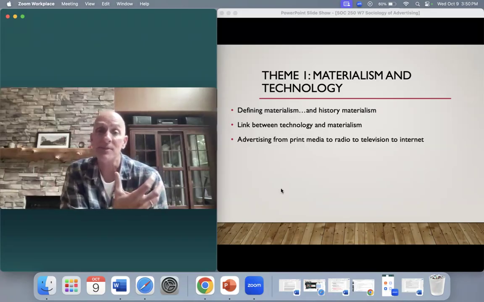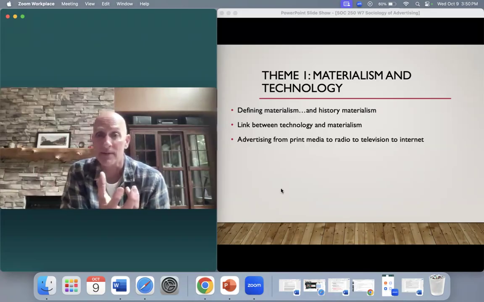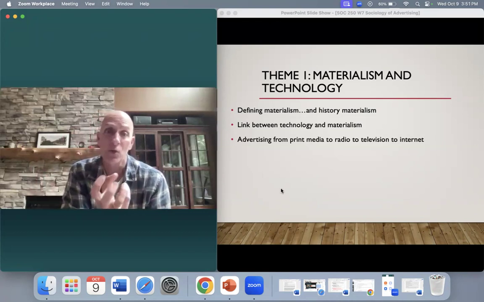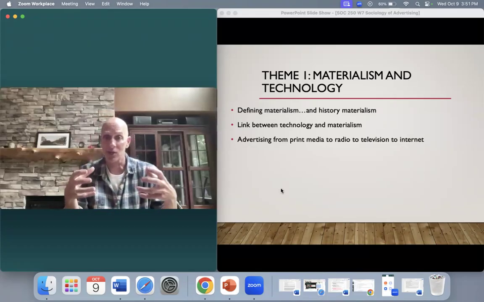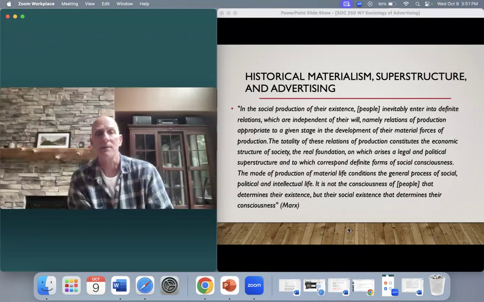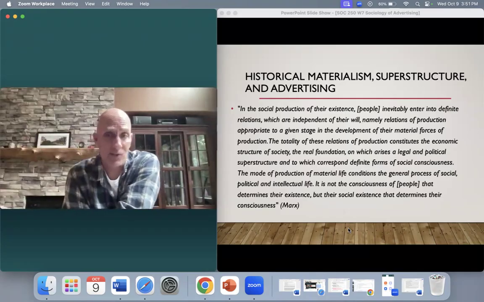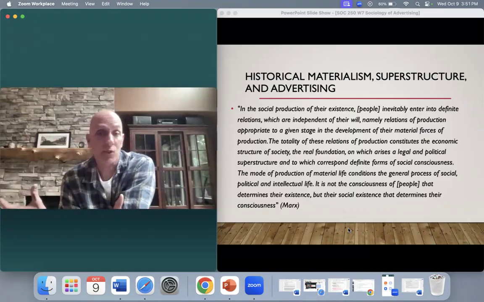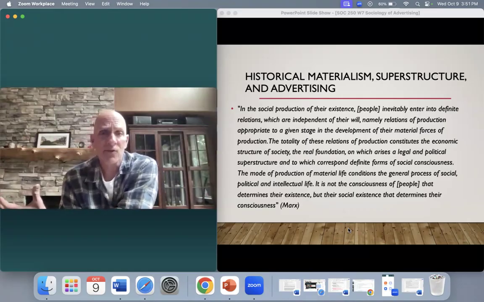So if you go from advertisements in the print media, the news press in the early 1900s, to radio in the 1920s, TV in the 1950s, internet later on in the 1990s, 2000s, we just get changes with that economic structure, and those technologies are opening up different spaces for advertising and marketing. I think this quote from Karl Marx is an important one to establish the role that advertisements might play. So I'll read through it and provide some commentary as we go along.